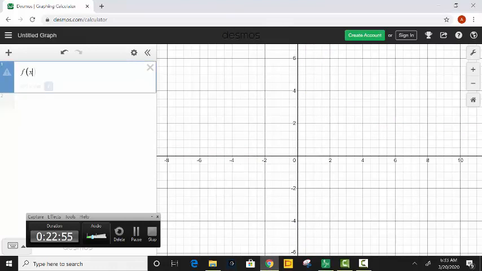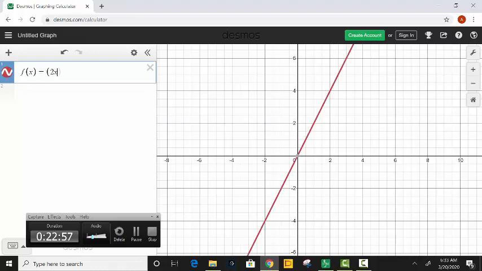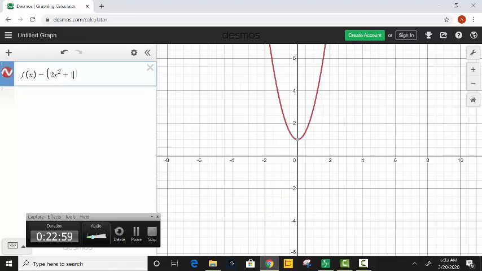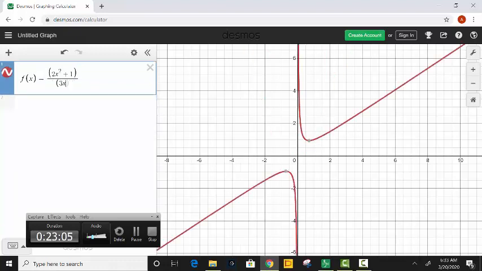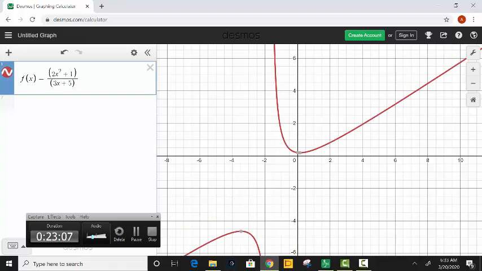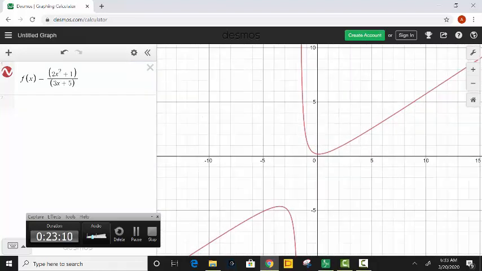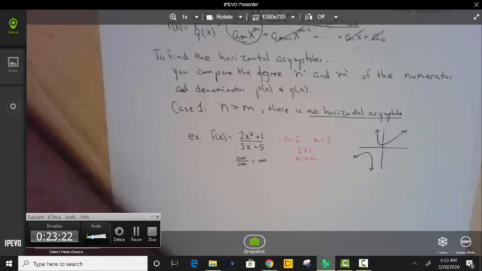So if I come in here and type in 2x squared plus 1 divided by 3x plus 5, we see that it doesn't approach, and I'm going to bring this graph over to my paper. That way I can talk about it and you can see what I'm pointing at.